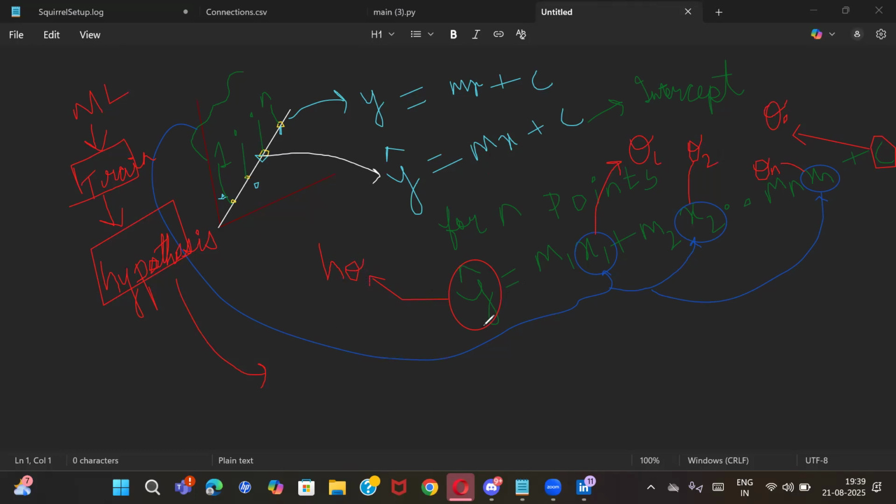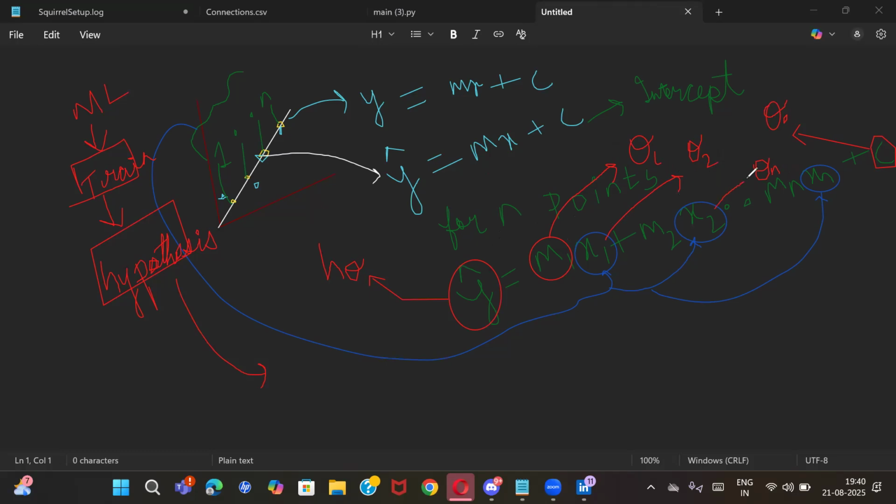My h theta is nothing but y hat. Sorry, my mistake. It's not instead of x1, it's basically instead of y1, m1. Instead of m1, it's my theta. Okay, so one correction here: these theta points are nothing but the slope m.